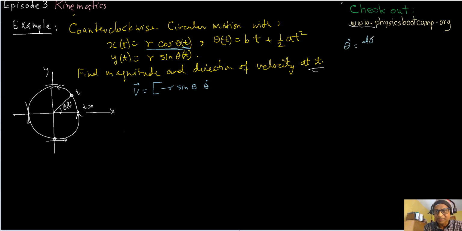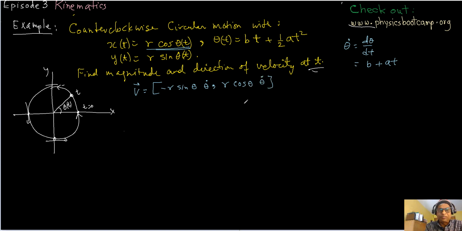Theta dot is d theta over dt, and then nothing else. So theta dot is just b plus at. So that's what that is. Don't have to put it in here, just over there can be fine. And the y will be r cosine theta, theta dot.